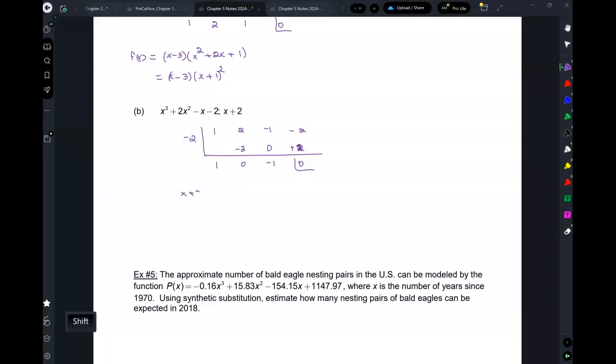So here I got x plus 2, and then what do I have here? X squared minus 1, so this is x plus 2, x minus 1, x plus 1.